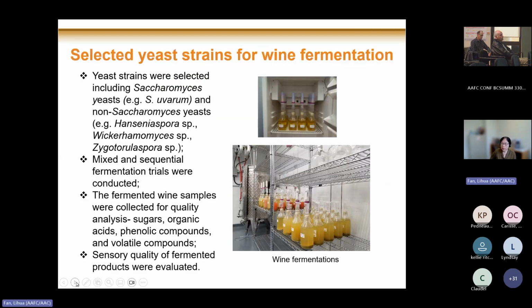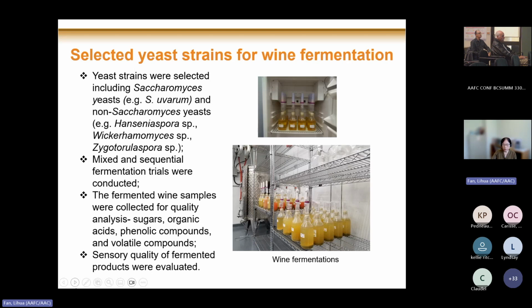For our fermentation trials, yeast strains were selected including Saccharomyces yeast, for example Saccharomyces uvarum, and non-Saccharomyces yeast. Mixed and sequential fermentation trials were conducted. The fermented wine samples were collected for quality analysis, such as sugars, organic acids, phenolic compounds, and volatile compounds.